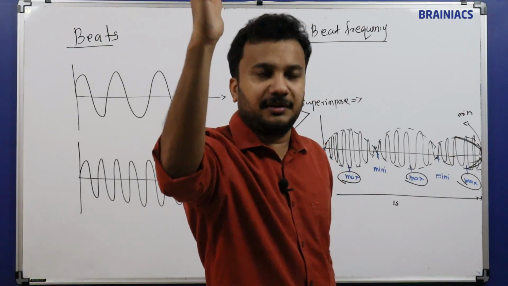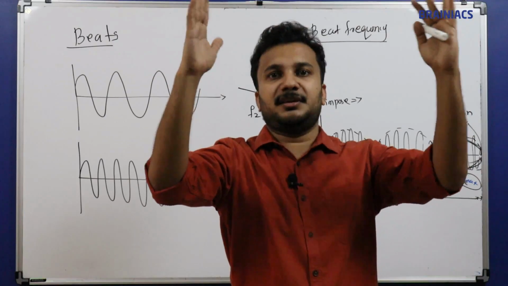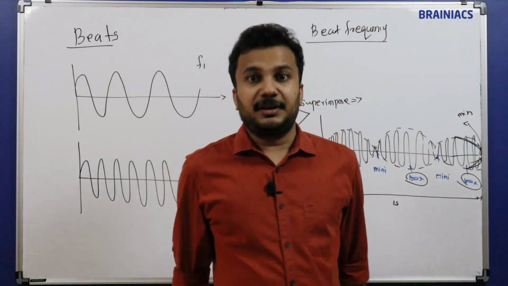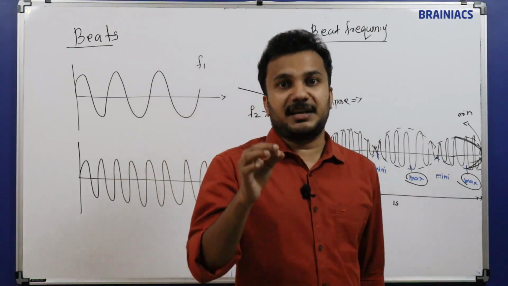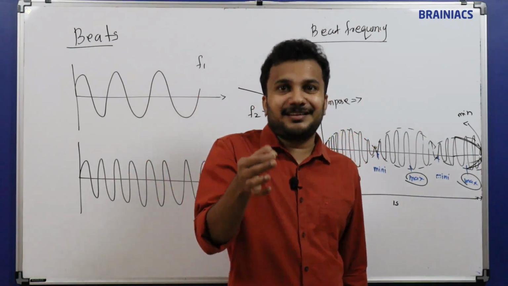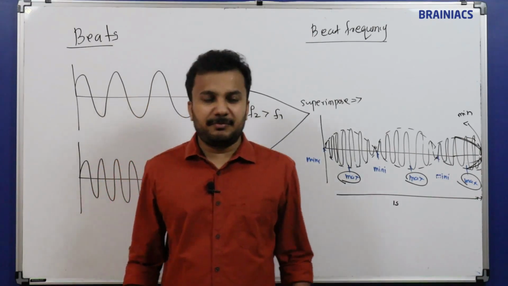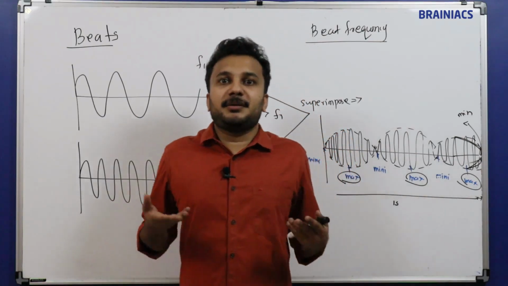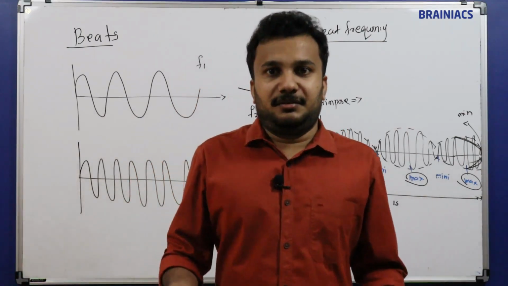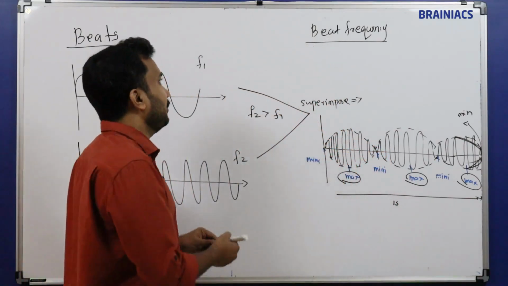You just draw one line, then you draw another line. You see how many number of maximas will be there. That is called beat frequency. In 1 second, the number of maximas is called beat frequency. The number of maximas and number of minimas will never be the same. Always the number of minima is greater than the number of maxima by 1.